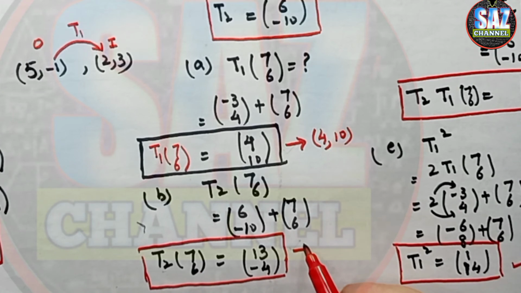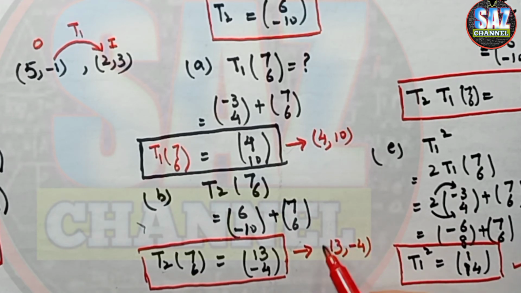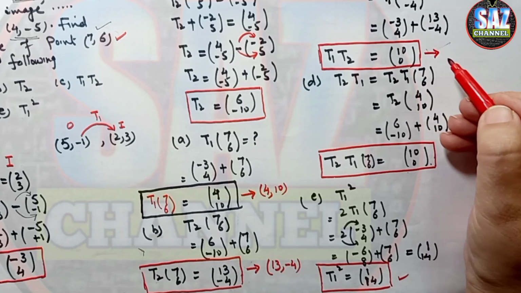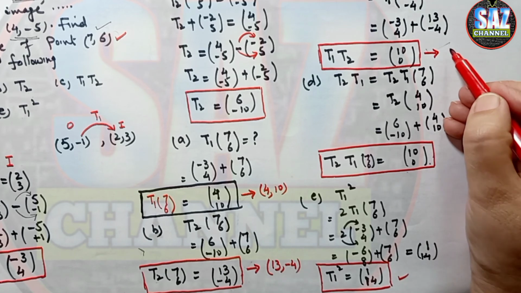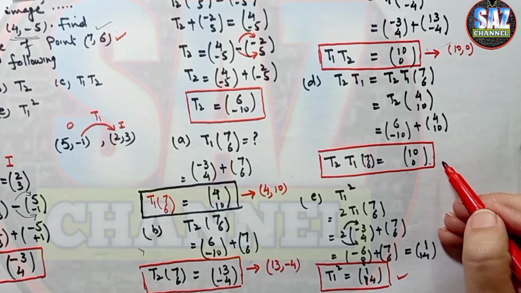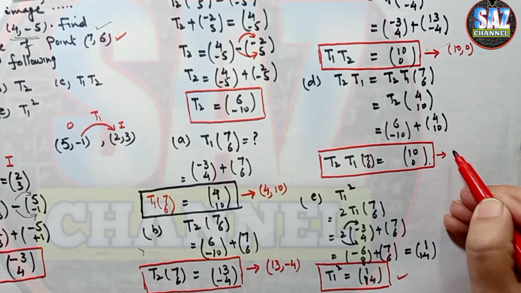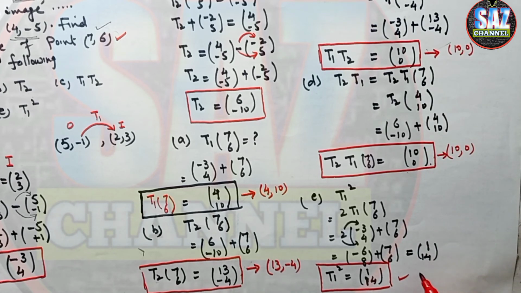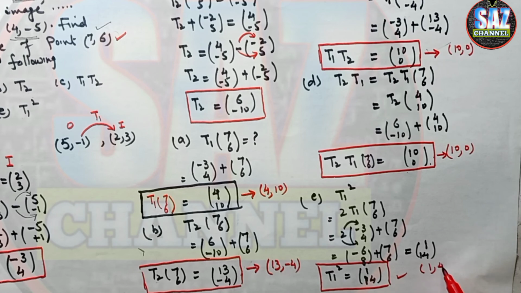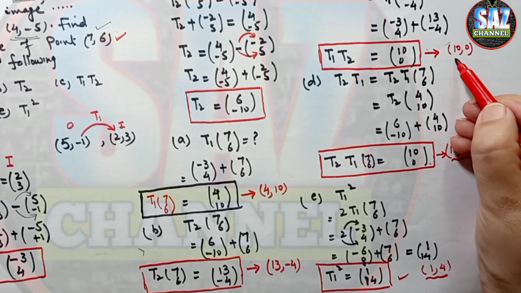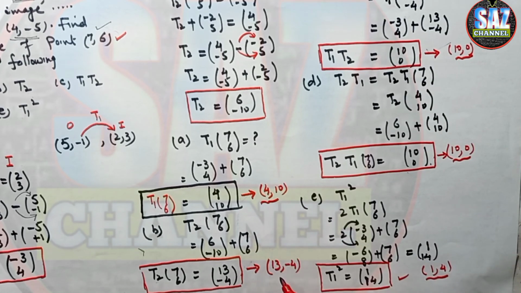You have to focus on this point because this is a common mistake. That's why I'm doing it separately. And the coordinates of the image of (7, 6) under T1 T2 will be (10, 0), and again under T2 T1 the coordinates of the image will be (10, 0), and for T1 square it will be (1, 14). These are the coordinates of the image of that point. Do not forget this point. This is a really important point.